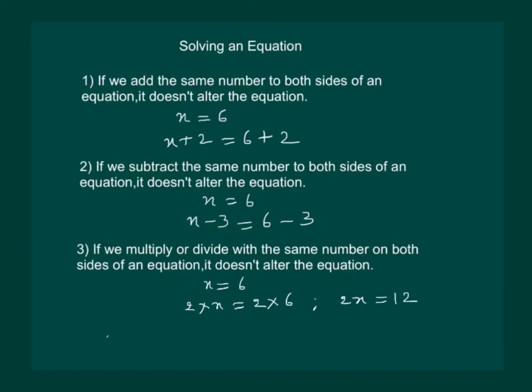Or x equal to 6 is same as 1 by 3 into x, which is equal to 1 by 3 into 6. Here we are dividing by 3 on both sides, and that is same as x by 3 equal to 6 by 3.